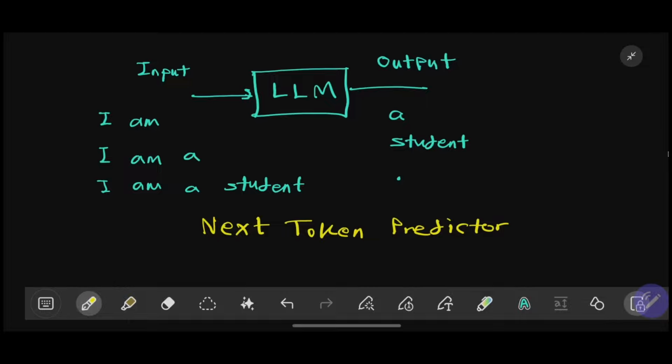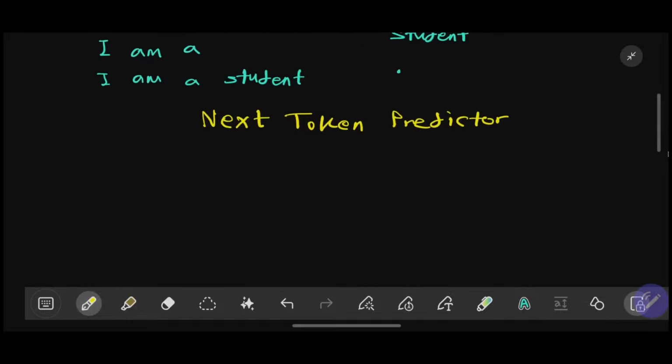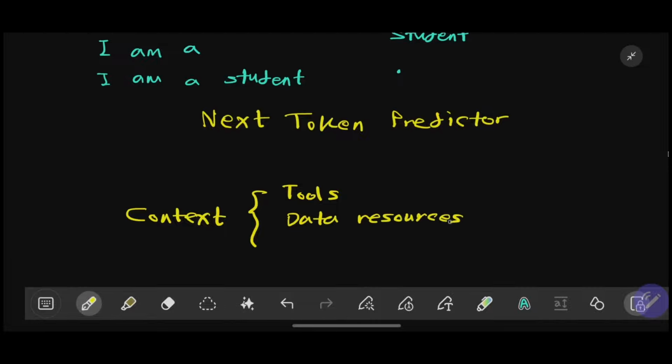This context can be tools, can be resources such as data, or can be prompt templates. So what do we mean by context? It can be tools, it can be data resources, or it can even be prompt templates.